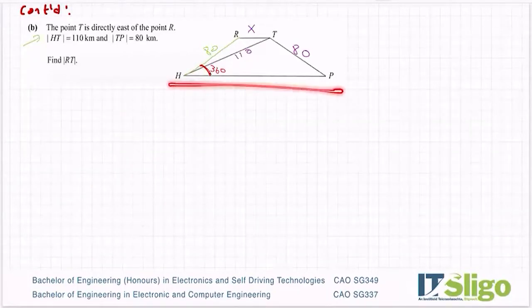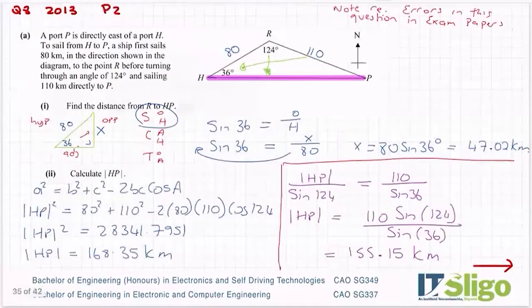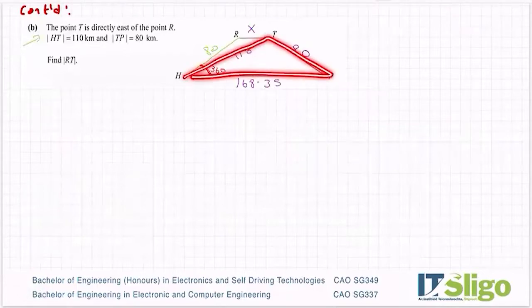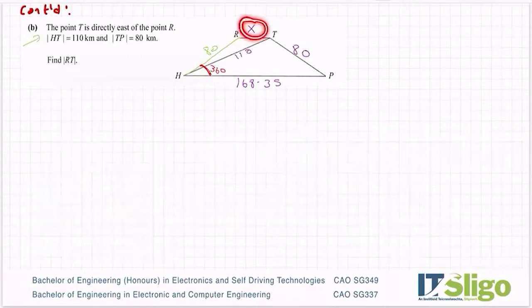Yes, and I also have HP across here. Let me fill it in. 168, I'm going to go with the first answer I got, 168.35. So I have all three sides of this one. So again, I could use the cosine rule to solve for this little angle down here, and then use the cosine rule again to solve for x.